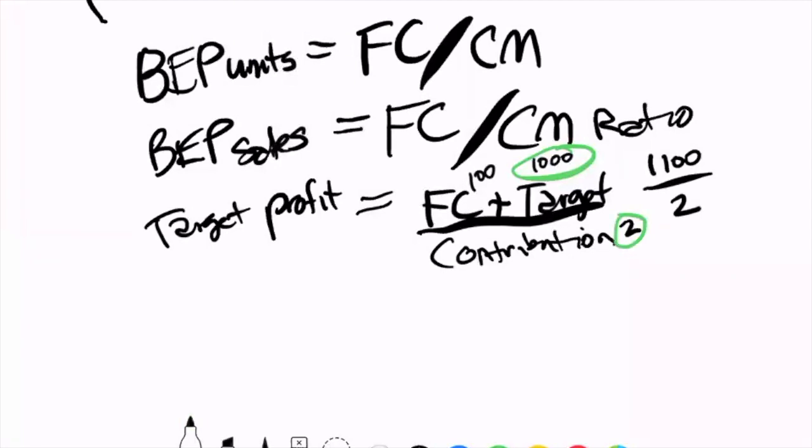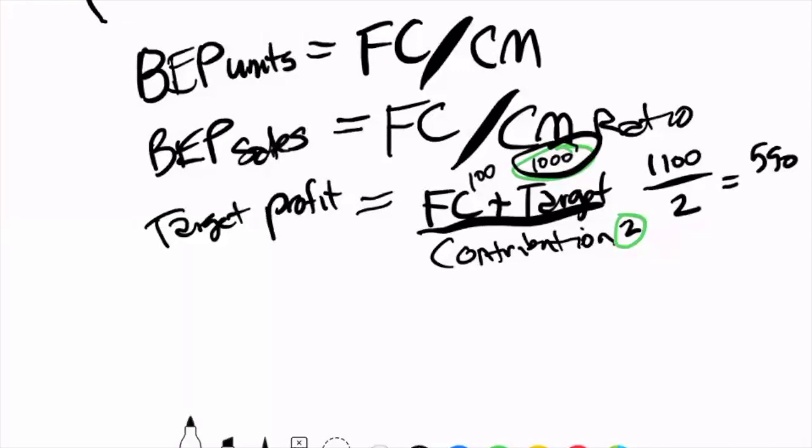And you can already see from there that that would equal 550 units to make that profit of $1,000.